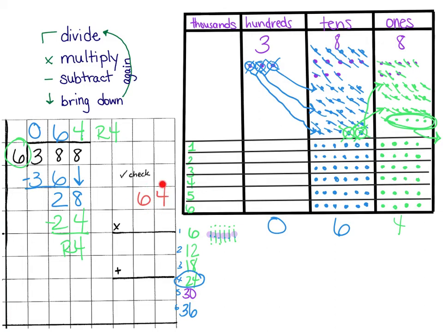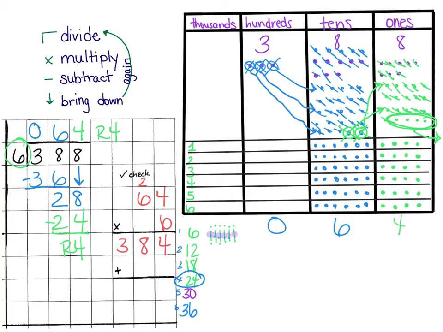So here's the 64, our answer, and we multiply it times our divisor of 6. Now, 4 times 6 is 1, 2, 3, 4, 24. And 6 times 6 is 1, 2, 3, 4, 5, 6. 36. Plus we need to add this too. 37, 38.